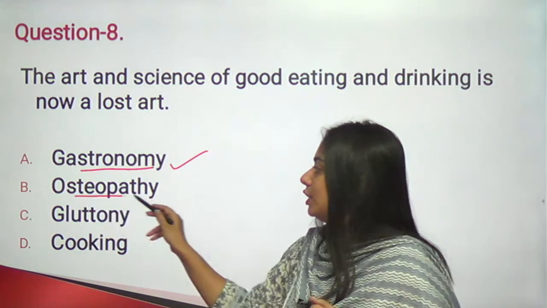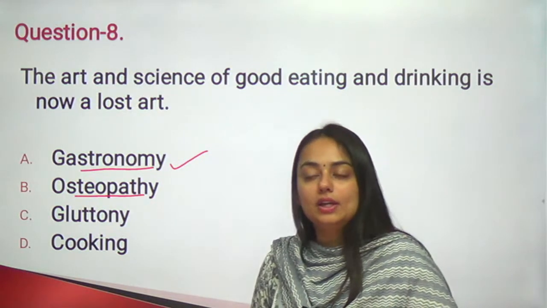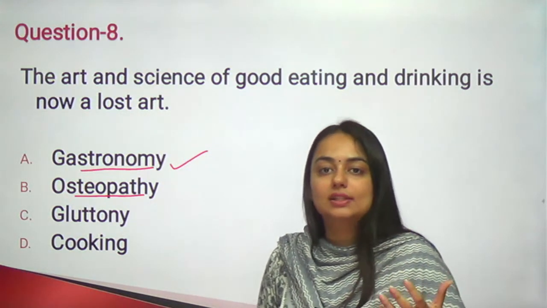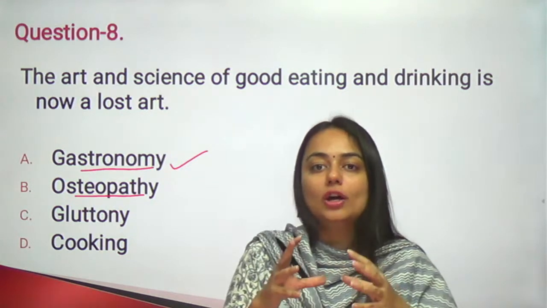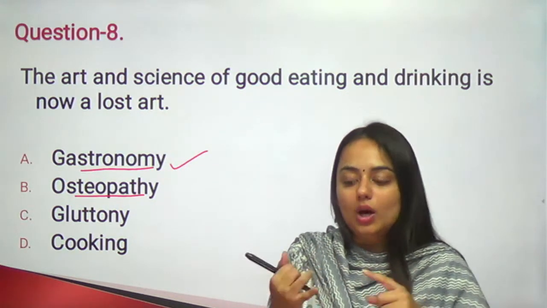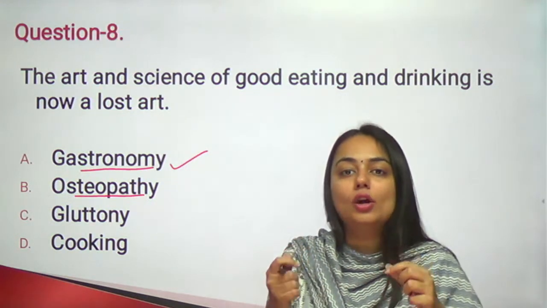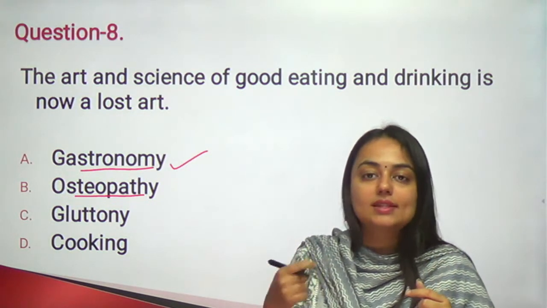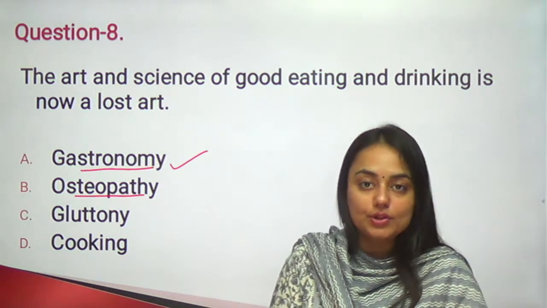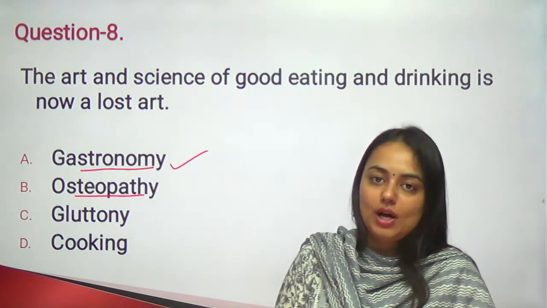What is osteopathy? Osteopathy is again a field of medical science in which some extra ointment and massages are used. So other than giving the medicine, to cure a person, you would use some kind of ointments and massages as an additional way to cure the person. So that science is known as osteopathy.